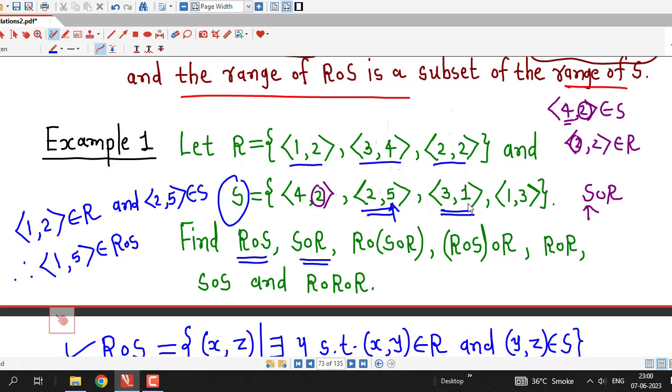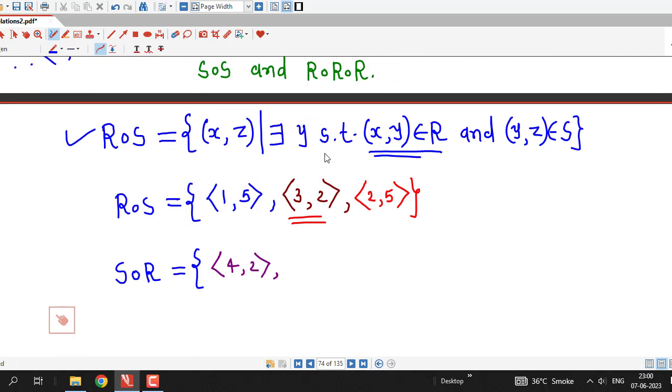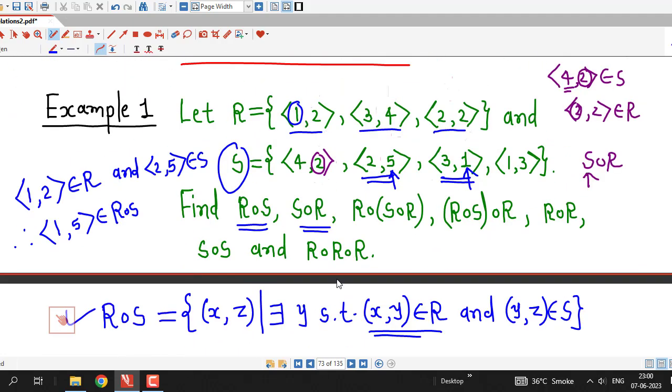Here I have 3 1, second component is 1, and here we can see first component is 1. 3 1 belongs to S and 1 2 belongs to R. Therefore 3 2 belongs to S composite R. So here I should write ordered pair 3 2, and there is no other ordered pair having first component as 1.